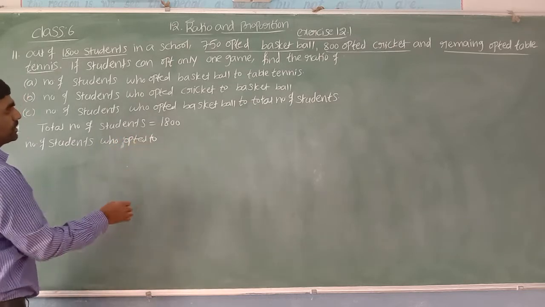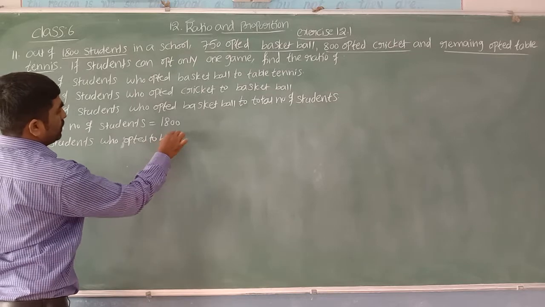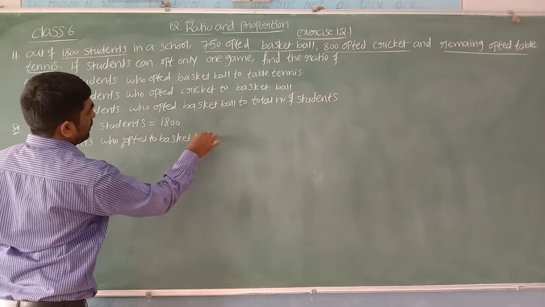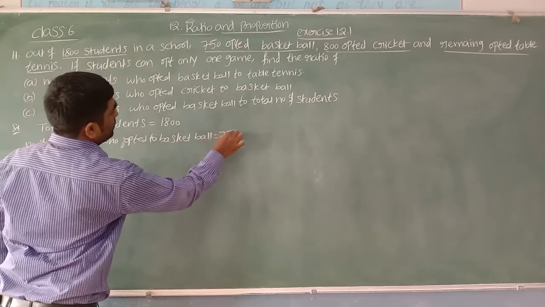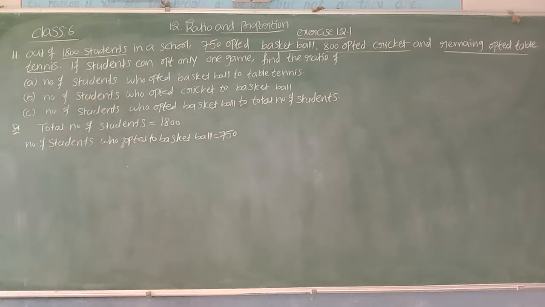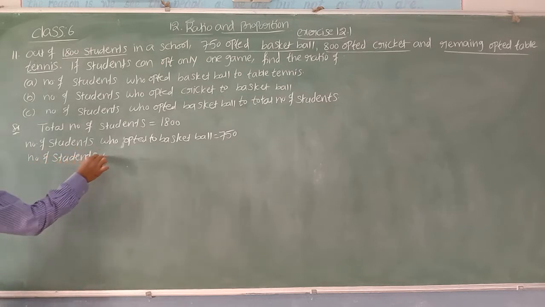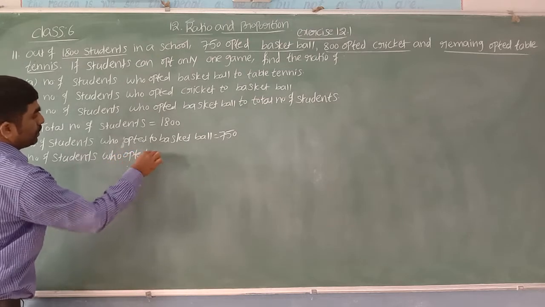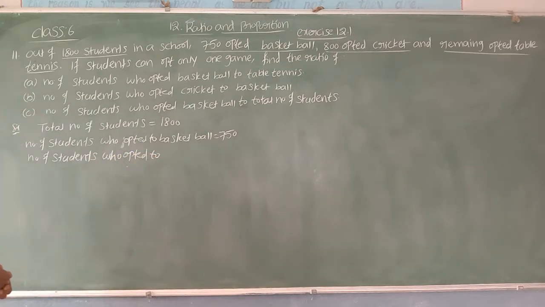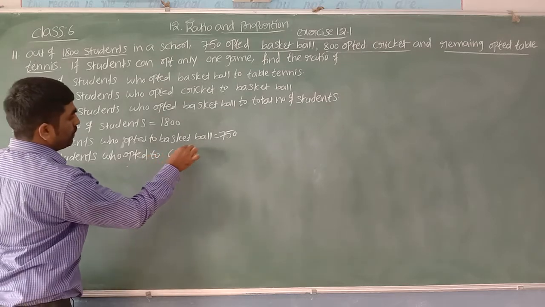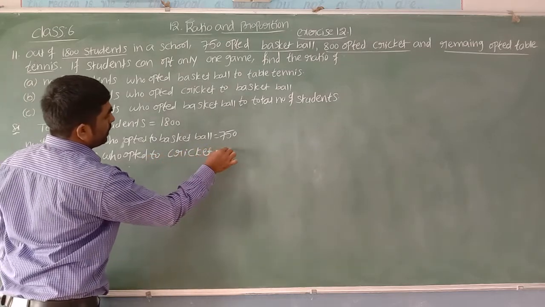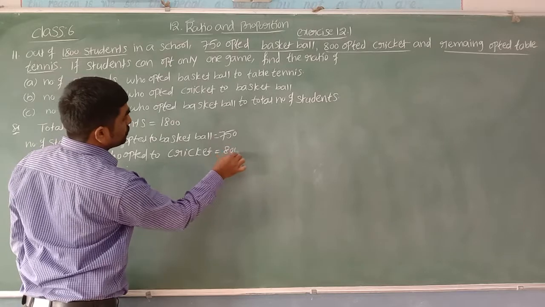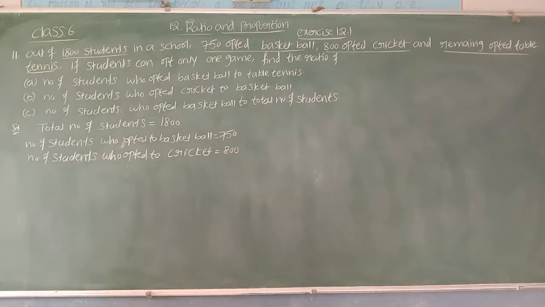There are 750 students who opted for basketball. Now we write the number of students who opted for the next game, cricket. There are 800 students.